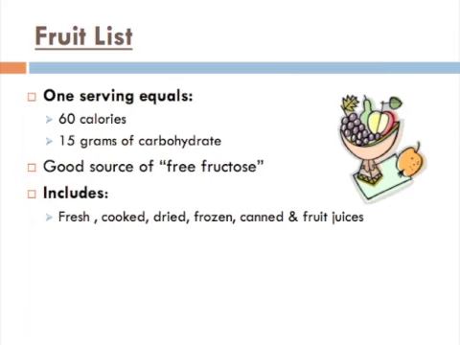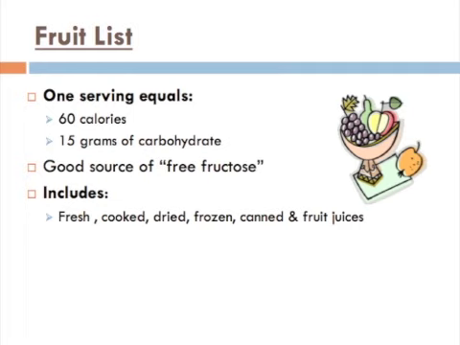Fruits, a serving size usually contains about 60 calories and 15 grams of carbohydrate. Fruits are a good source of fructose, and foods in this category include your fresh fruits, cooked, dried, frozen, canned, and fruit juices.